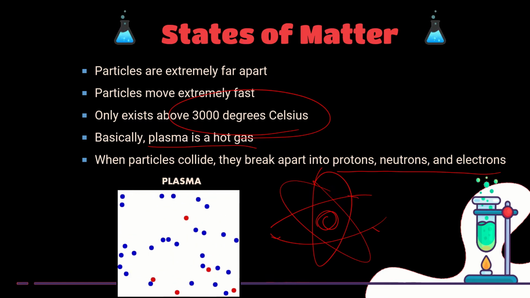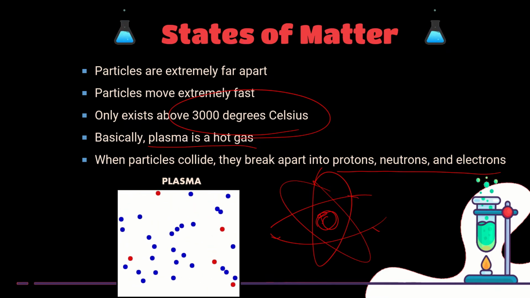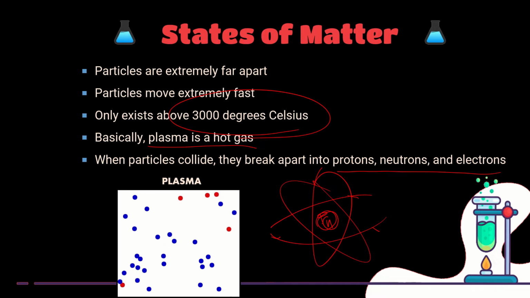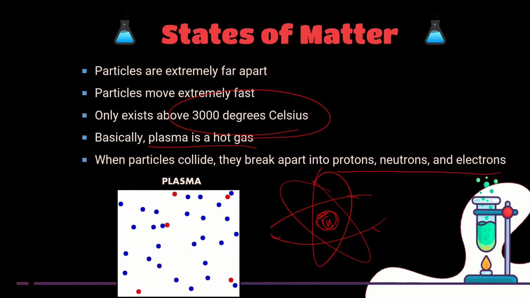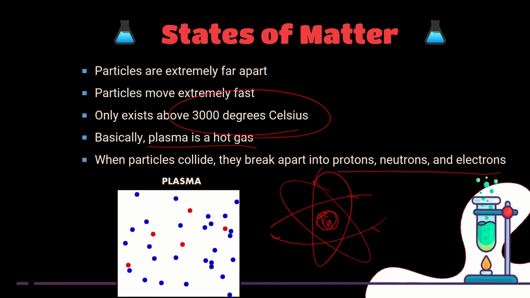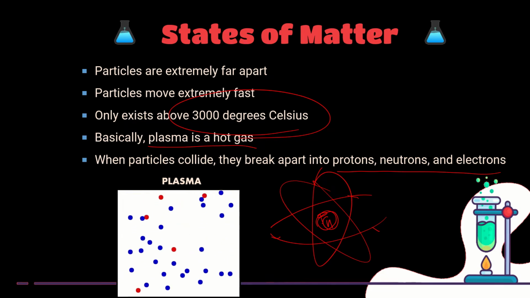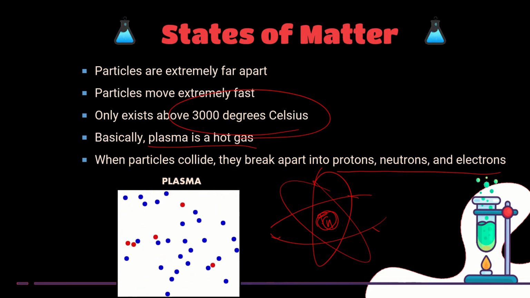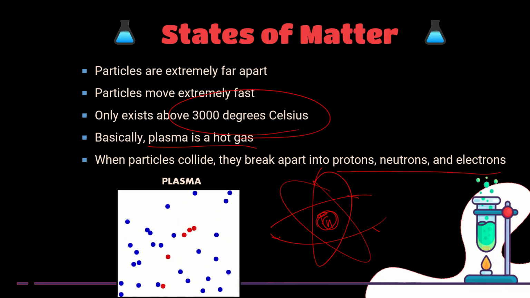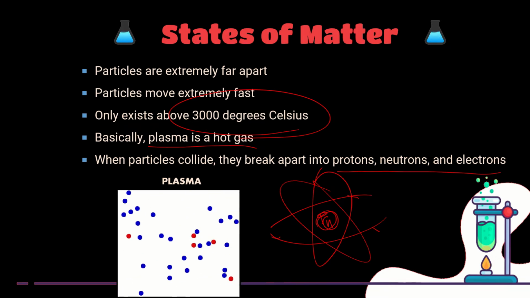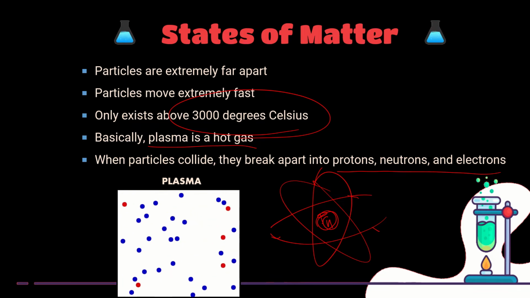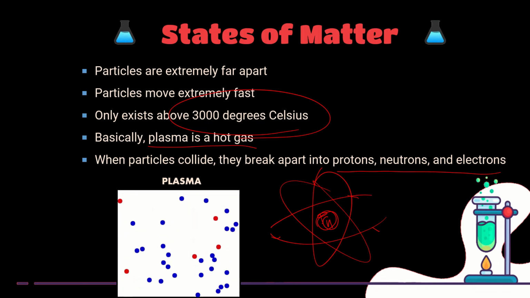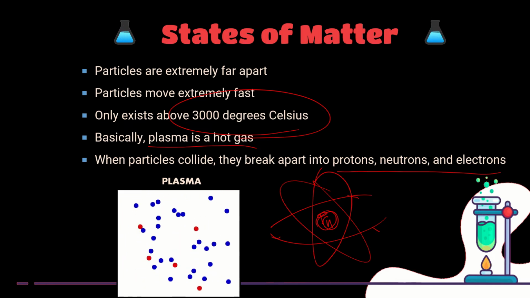Ito yung nucleus natin. Sa nucleus, nandiyan yung proton, tapos yung neutron. So, ibig sabihin, kapag itong super excited particle na ito ay nag-collide with another super excited particle or with another atom that exists in a very high temperature, mawawasak yung kanilang structure. So, lilipad na ngayon in different directions yung kanilang mga components, which are the protons, the neutrons, and the electrons. So, that is what plasma is. It only exists sa sobrang taas ng temperature.